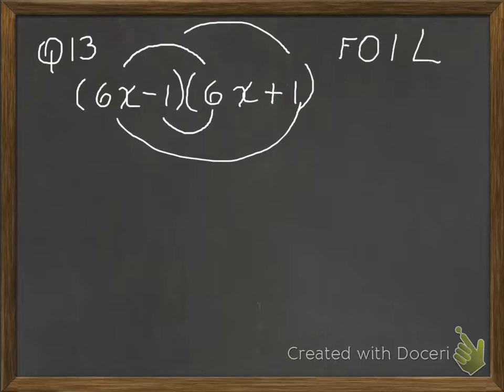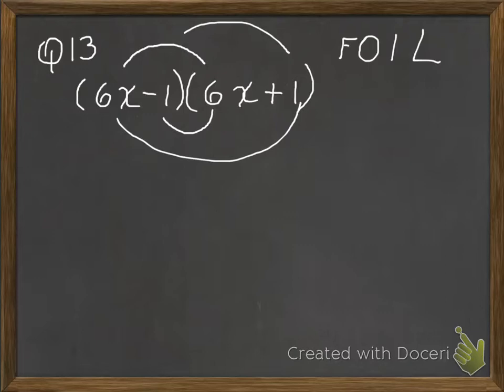I go the first term times the first one, and then the first term times the second one in the next parentheses. And then the second term in the first set of parentheses times the first term in the second parentheses, and the second term in the first parentheses times the second term in the second parentheses. It's a common sense order, though the order really doesn't matter. The answer should come out the same in the end.